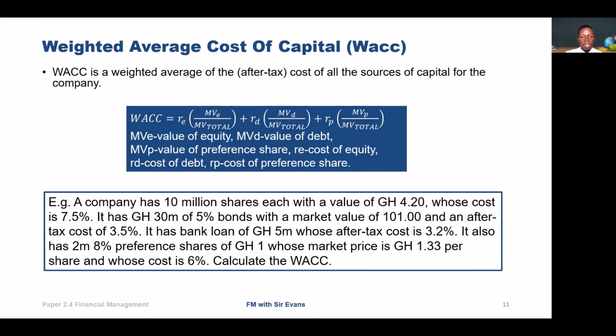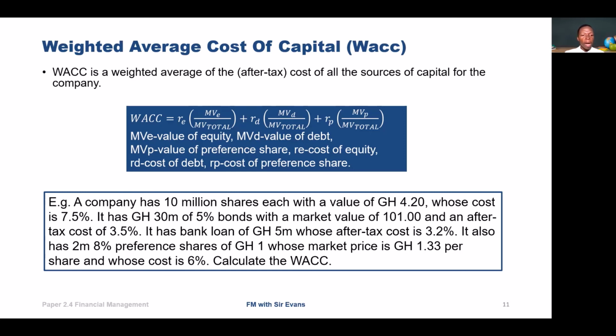In this instance, it is 100. So for its market value to be 101, it has a premium of 1%. So the value of the bond is going to be the 30 plus the premium, so 30.3 million becomes the value of the bond. And then that would also be added to the value of the equity we got initially, waiting to find the other sources of capital, so we find the total market value.